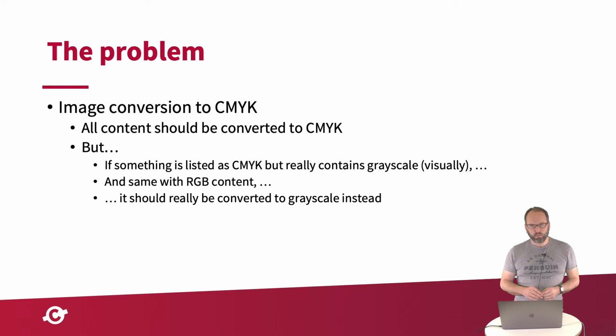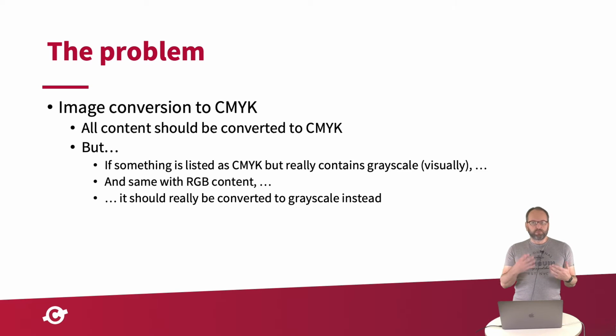regardless of what type of CMYK, you might have content that says it is CMYK or says that it is RGB. So I might have an RGB image in there or a CMYK image. That means that it's encoded as CMYK or encoded as RGB.